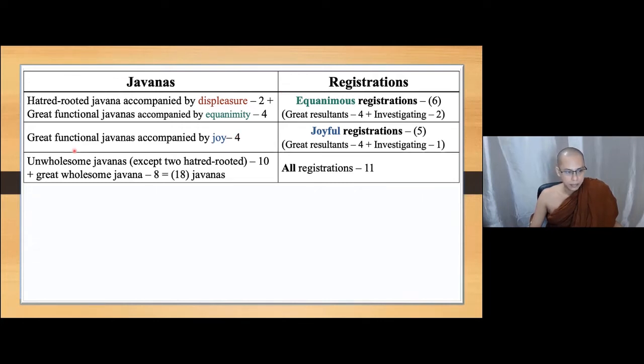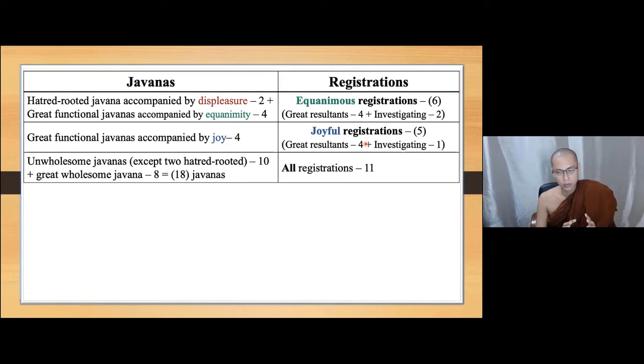Then, secondly, the great functional Javana accompanied by joy. Here you see the great functional consciousness of the Arahat, eight great functional consciousness divided into two according to the accompanying feeling. Then here, four great functional Javana accompanied by joy can be followed by joyful registration. When you identify the Javana, you can continue to identify the registration in the cognitive process.